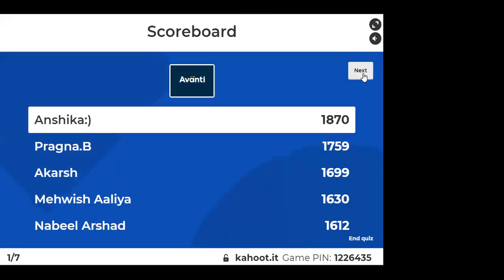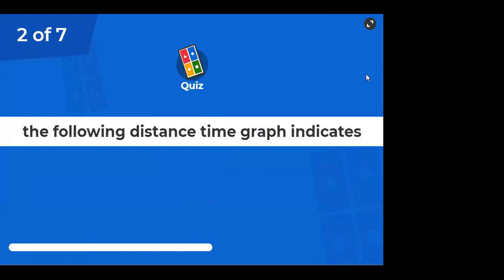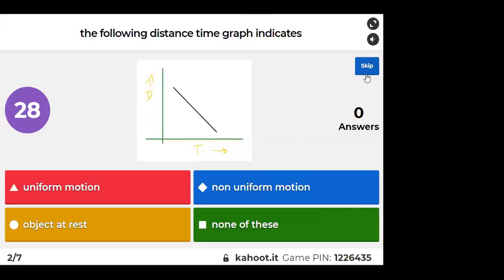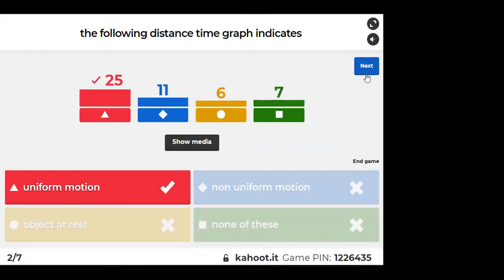Second, the following distance-time graph indicates... Very good.